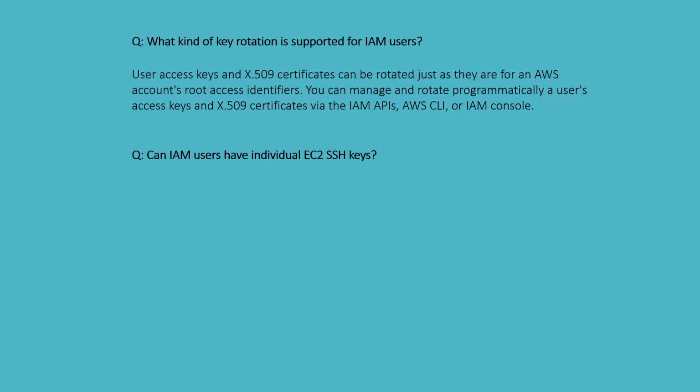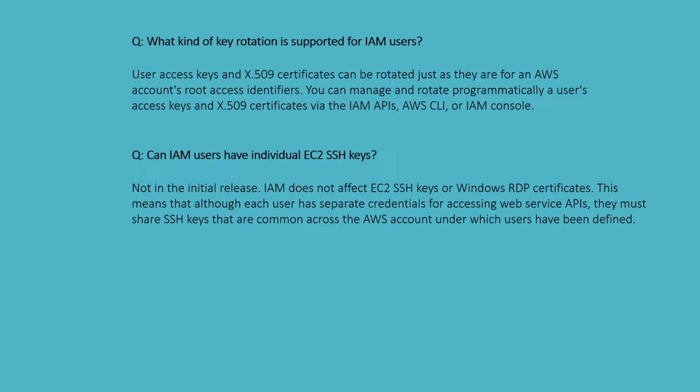Can IAM users have individual EC2 SSH keys? No. In the initial release, IAM does not affect EC2 SSH or Windows RDP certificates. This means that although each user has a separate credential for accessing web service APIs, they must share the SSH key that is common to the AWS account under which users have been defined.